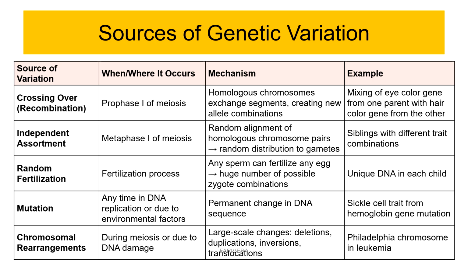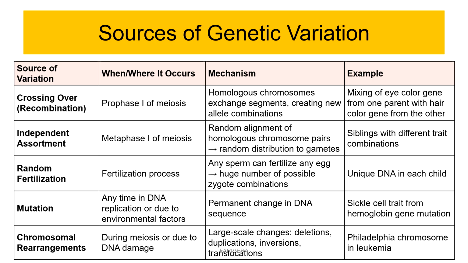The first is crossing over, which occurs during prophase 1 of meiosis. Homologous chromosomes exchange segments of DNA. Then followed by independent assortment, where homologous chromosome pairs are distributed randomly.